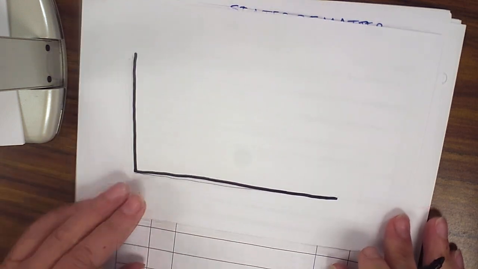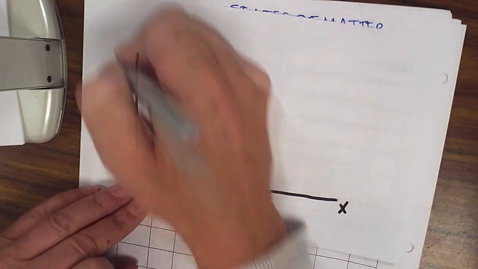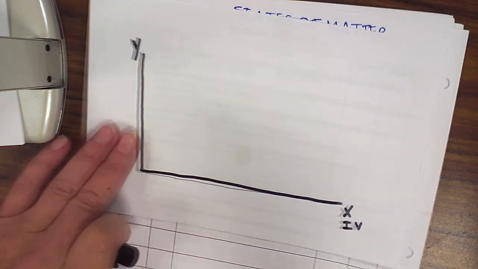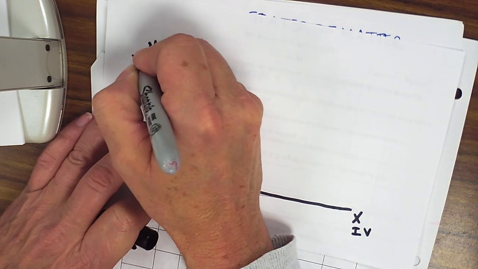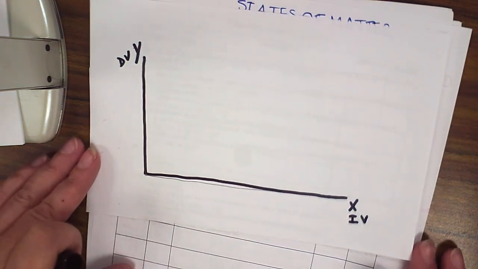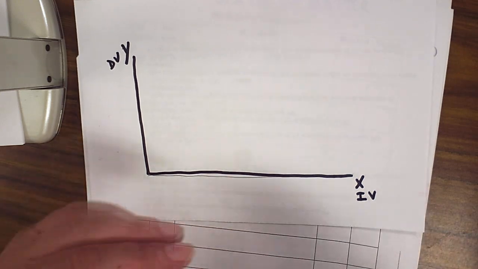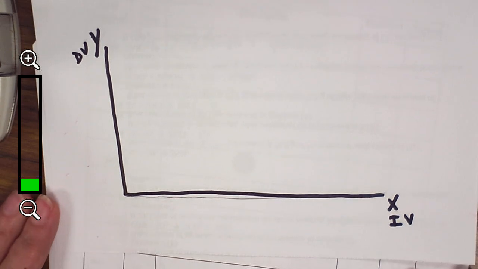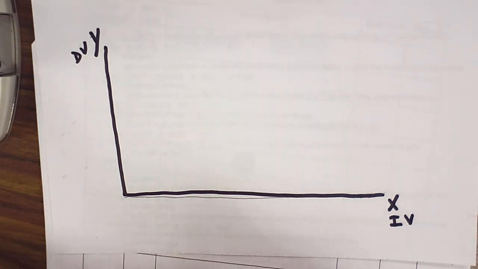So this is my x, and this is my y, and as we discussed on Friday, this is going to be my independent variable, and this is going to be my dependent variable. My independent variable is the one that I manipulate, that I change. So in this experiment, which one is the independent variable, the baking soda or the vinegar?